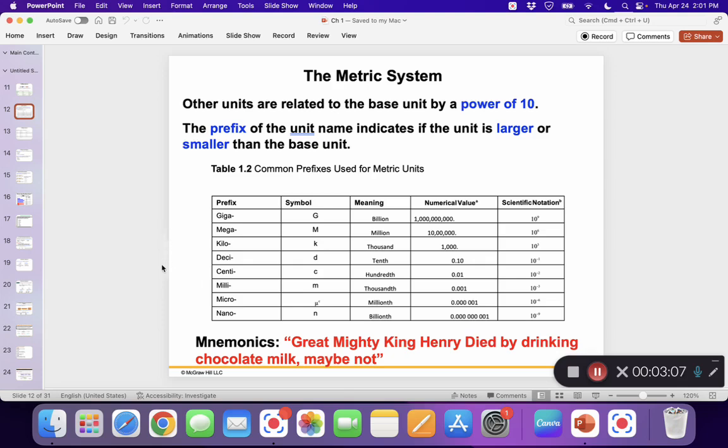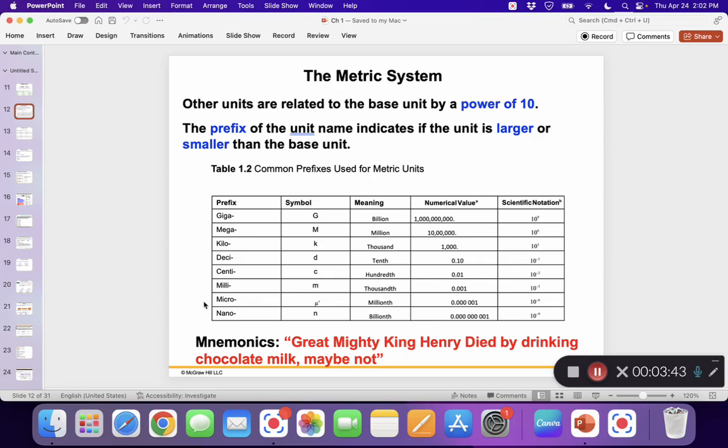Let's say if I'm measuring length, I'm talking about meters. There are prefixes of the units that indicate whether the measurements are larger or smaller than the base unit. Generally we use an uppercase symbol for the larger ones. For kilo, we simply use a lowercase k, and we use lowercase letters for the smaller prefixes.